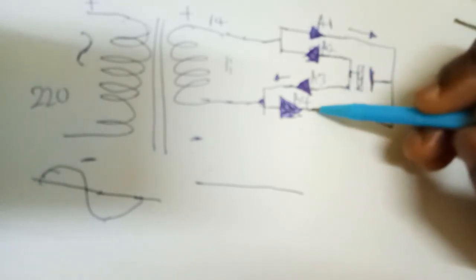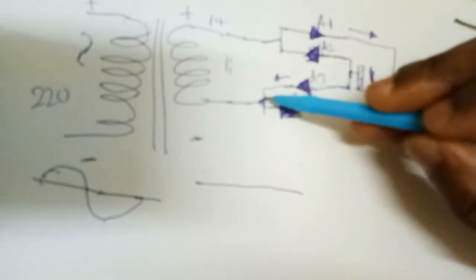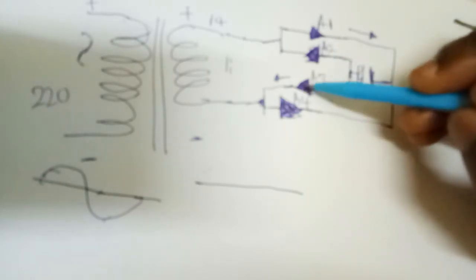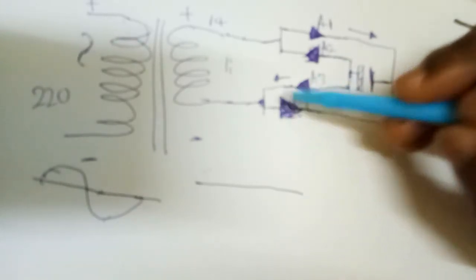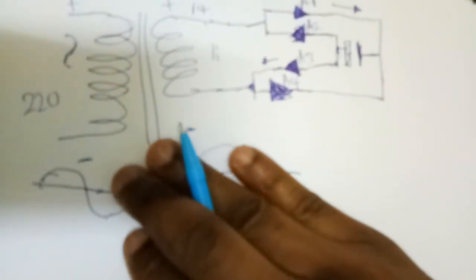As you can see, it cannot flow through here, it flows through here due to the fact that this diode is forward biased. So you get one ripple instead of this ripple being sinusoidal. This is the positive half cycle.